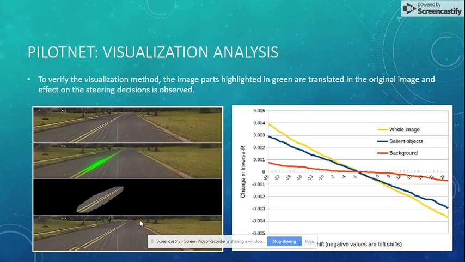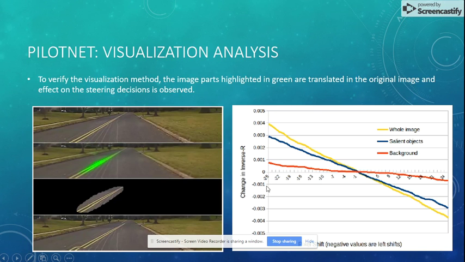Further, to validate this method, these highlighted parts of the image are shifted, and the effect on steering decisions is seen. If you observe the graph on the right-hand side of the presentation, the red color corresponds to the background part of the image, which is not considered important by the network, whereas the yellow portion is the whole image, and the blue portion is the part of the image with salient objects considered important by the network.